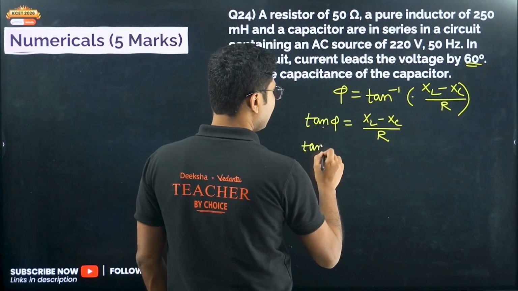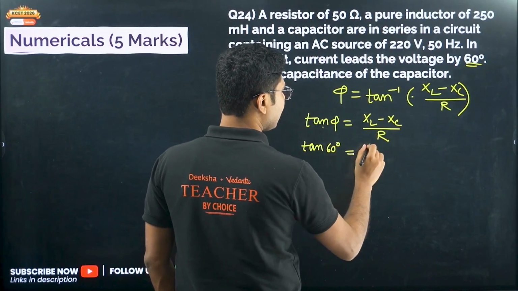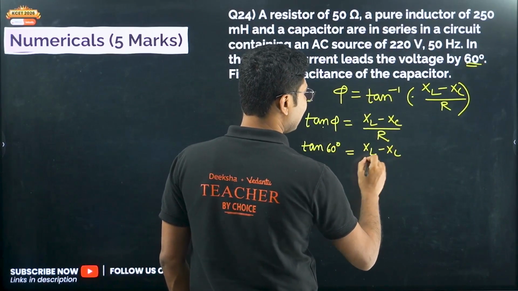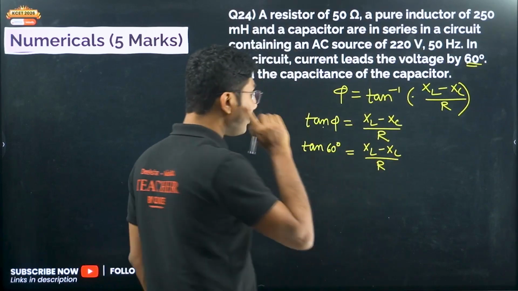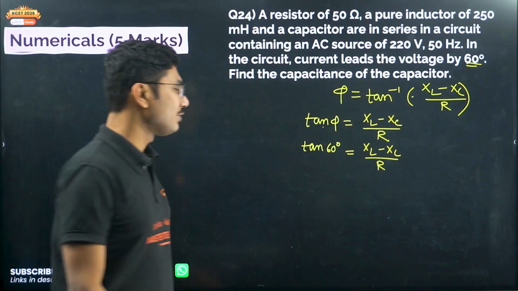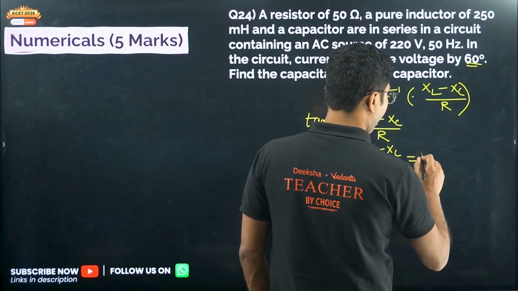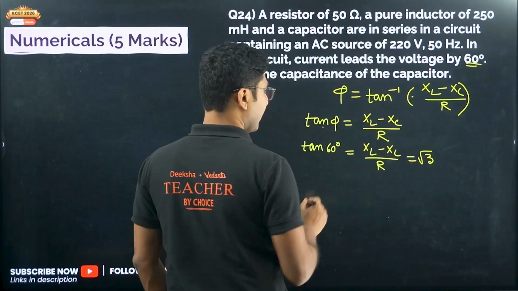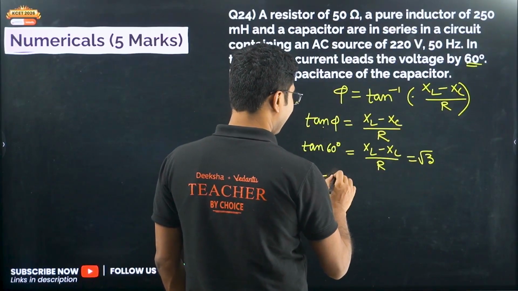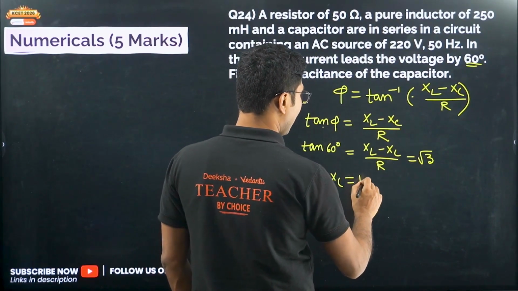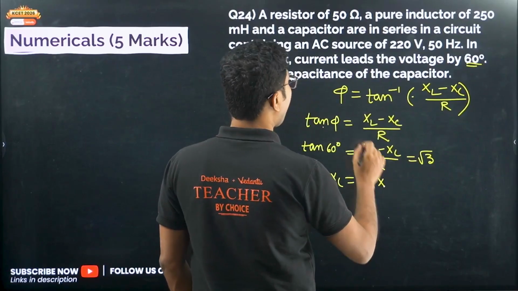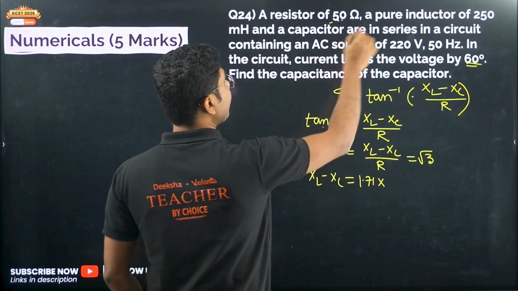So tan 60 degrees equals (XL minus XC) divided by R. Now what is the value of tan 60? Tan 60 is √3. So that is equal to √3. So XL minus XC equals 1.71 into R, which is given here as 50 ohm.